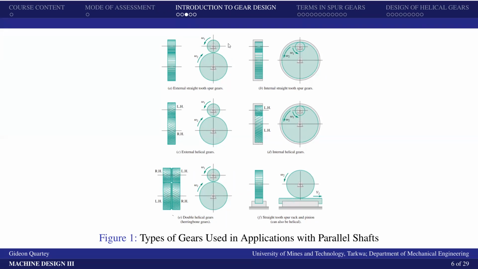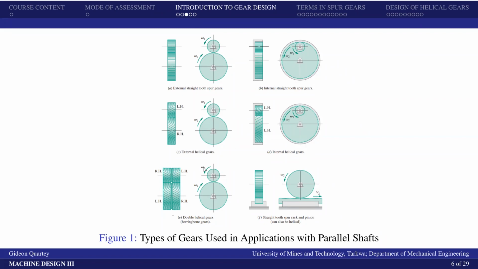Then when you look at internal gears, like this arrangement that we have here, as the gear wheel is rotating in the anti-clockwise direction, the pinion is also rotating in the anti-clockwise direction. So it depends on the application. In a case like this, where you want, let's say, a smaller unit where you want the shafts to rotate in the same direction, you could use this configuration to achieve that aim. Are we okay? A similar thing applies to the helical gears too.